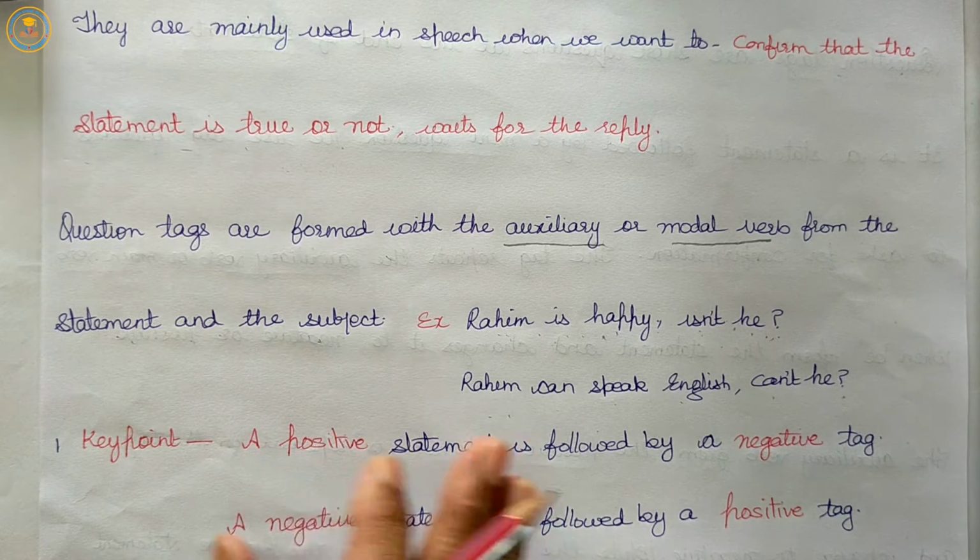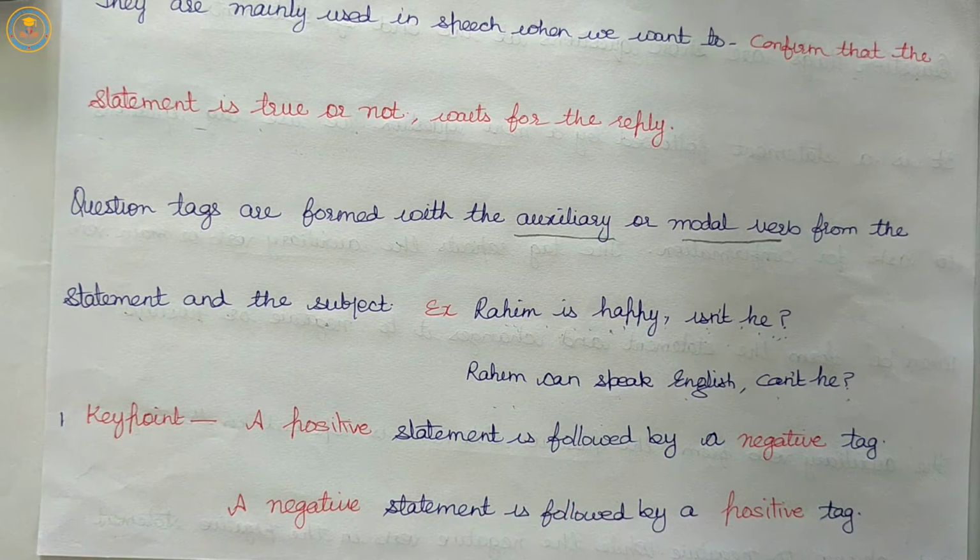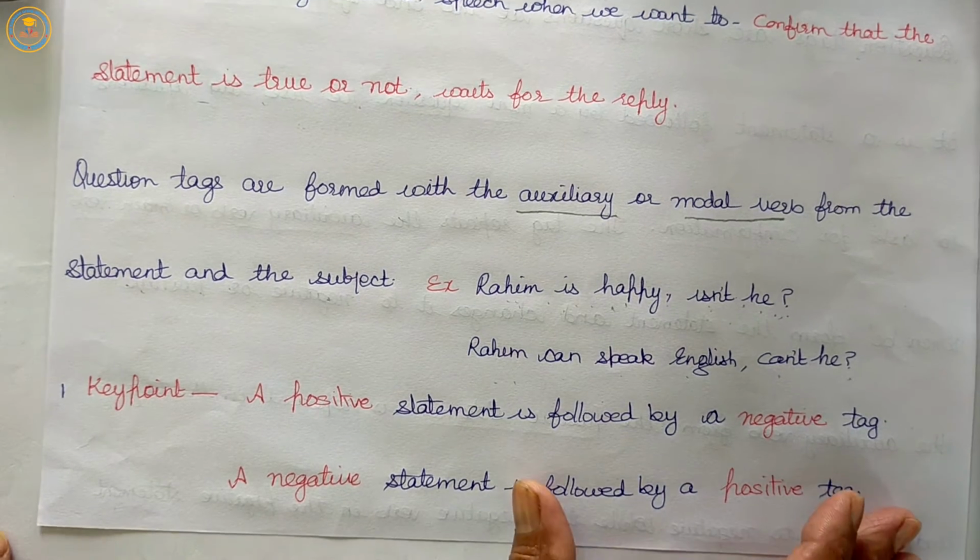So, what are tag questions? Tag questions are the mini questions that we use to confirm whether the statement is true or not, or that wait for confirmation or a reply. Let us see the key points first.